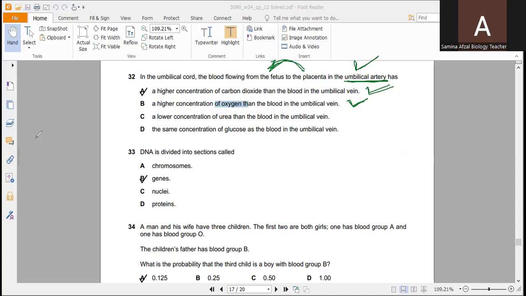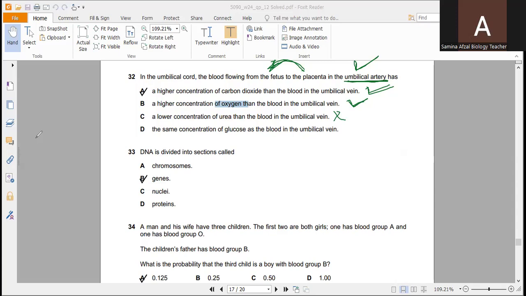A lower concentration of urea than the blood in the umbilical vein? No. There will be a higher concentration of urea in the umbilical artery, so this is not the correct option. The same concentration of glucose as the blood in the umbilical vein will not be correct either.